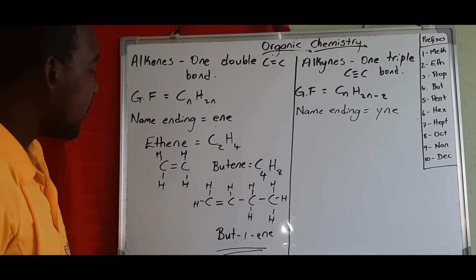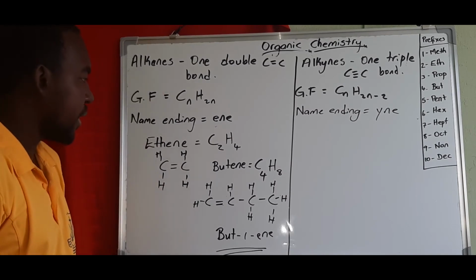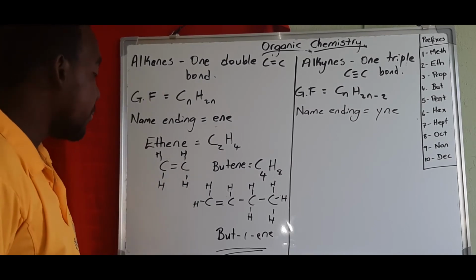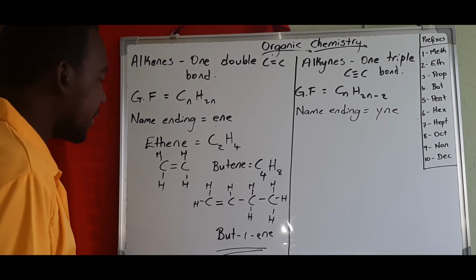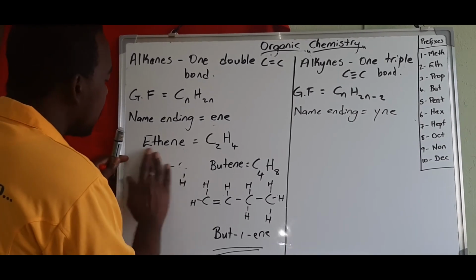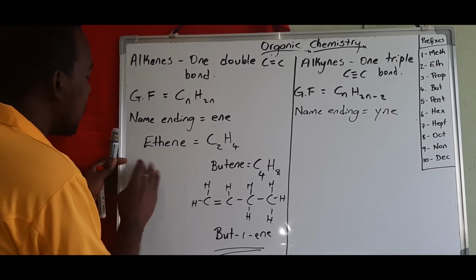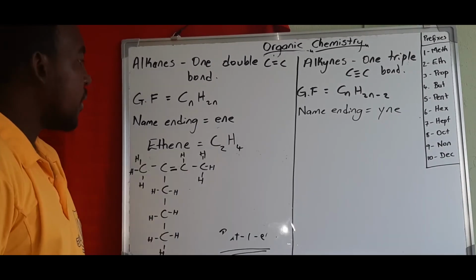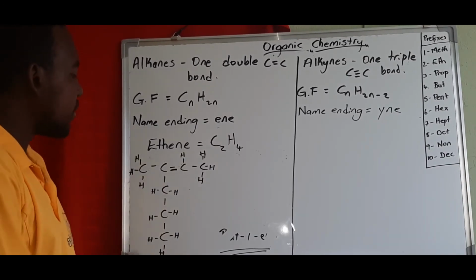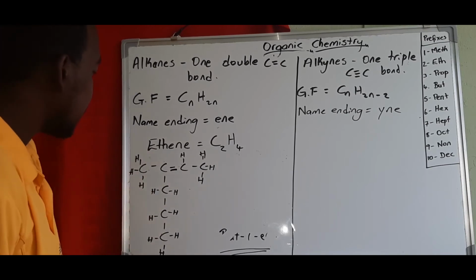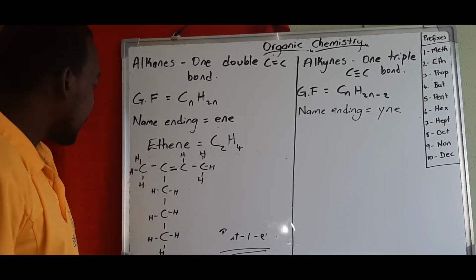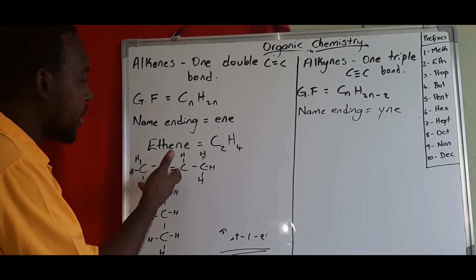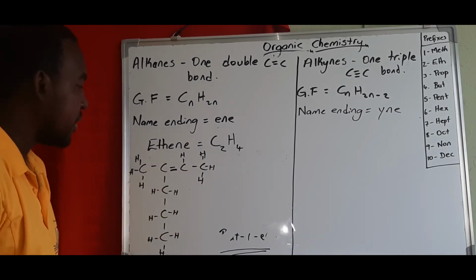So that's for the alkenes. Alkenes can also be branched, so let's look at a branched one. In this case, we know there is a double bond here, so it's a branched alkene.